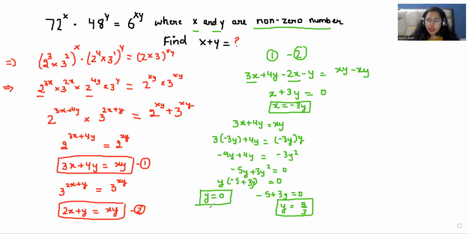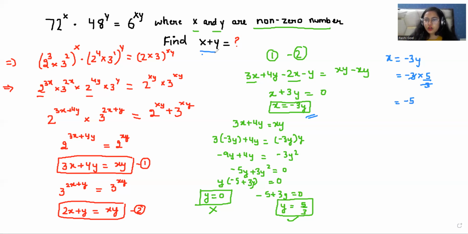So that means y cannot be 0. So we consider y is equal to 5 by 3. Now I'm going to put it in x and find the value of x also. So x is equal to minus 3y, so minus 3 times 5 by 3, that is minus 5.